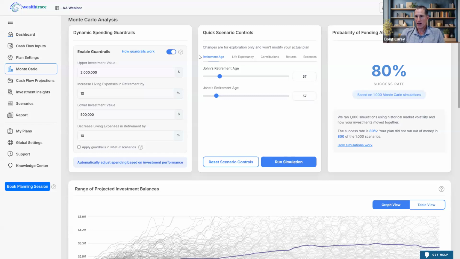To have another set of eyes on your assumptions, on your results, to run through scenarios with you. It's really great, especially when it comes down to Roth conversion analysis and other scenarios that can get really complex really quickly. So that's available, and I really recommend at least doing it one time.